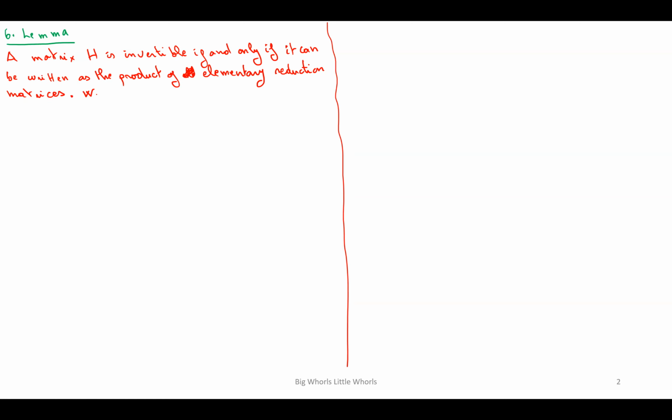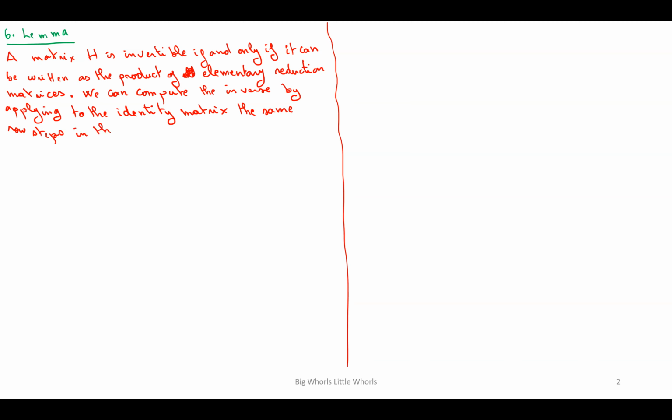So here we can compute the inverse by applying to the identity matrix the same row steps, in the same order.